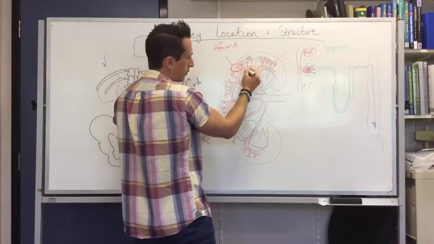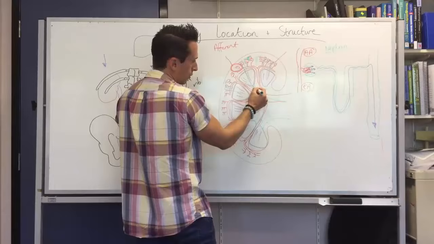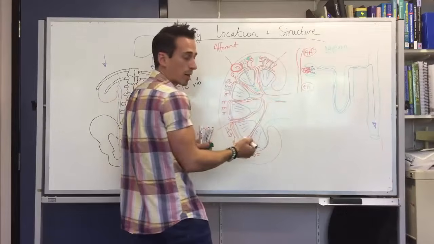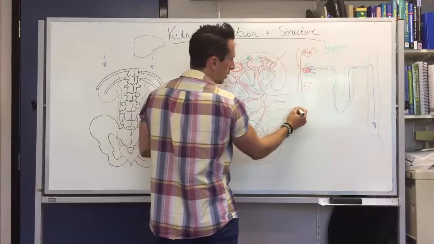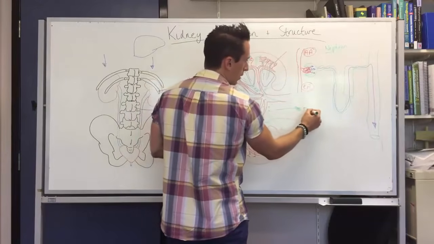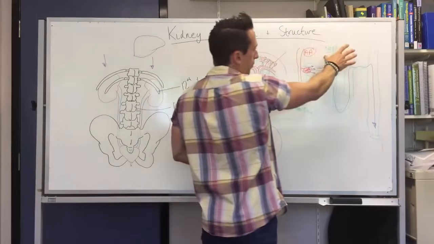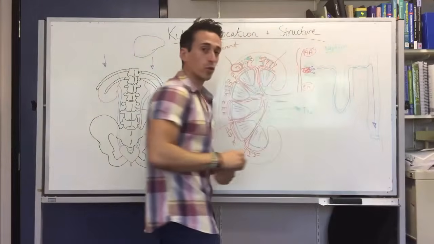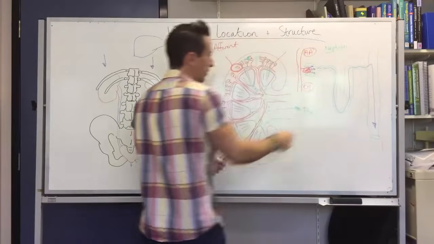So the urine that you've just formed moves down the renal pyramid and, like I said, drips into the minor calyx, then drips into the major calyx, and then goes out into our pee. Okay? So this nephron is the site of filtration. The blood gets filtered and travels through this tube and comes out as pee.